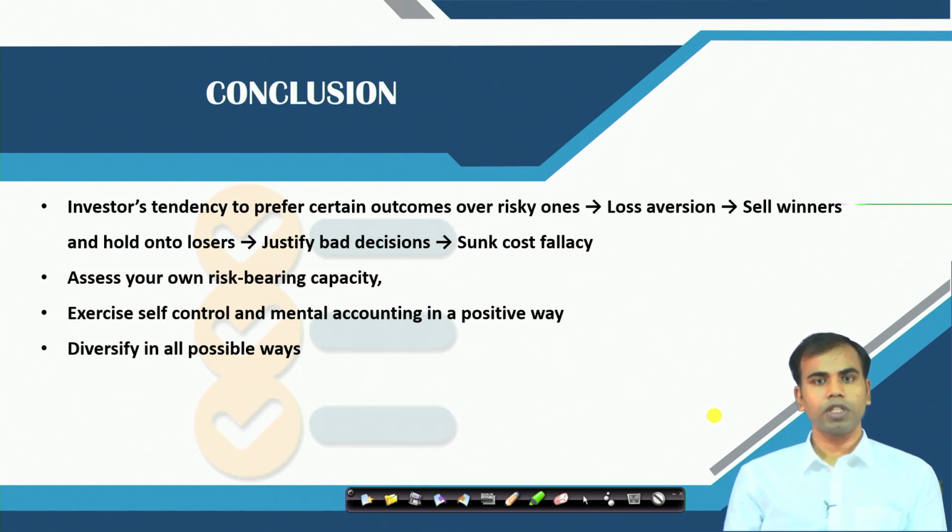Essentially, this sums up the effect of loss aversion and risk aversion in terms of the biases affecting our decision making process, and the ways to take care of these biases, namely loss aversion and sunk cost fallacy, is to exercise self control and diversify as much as possible.